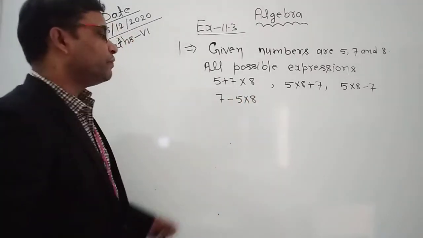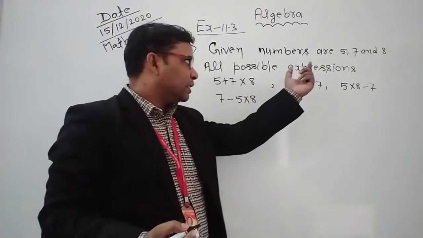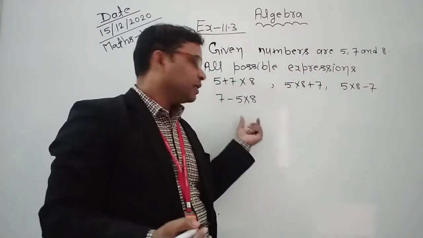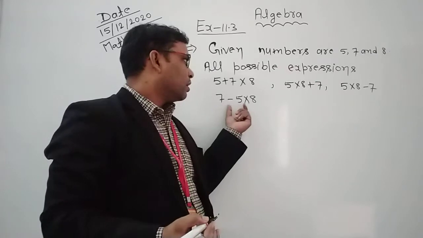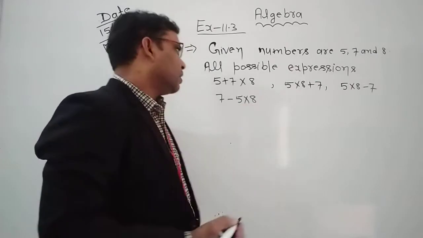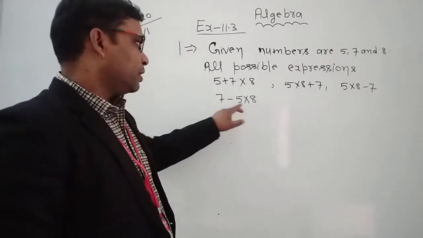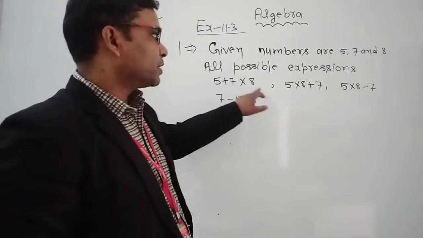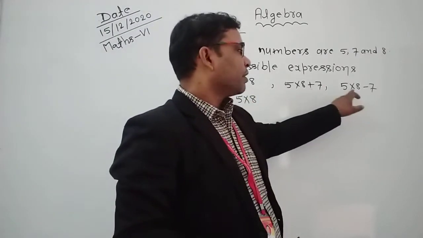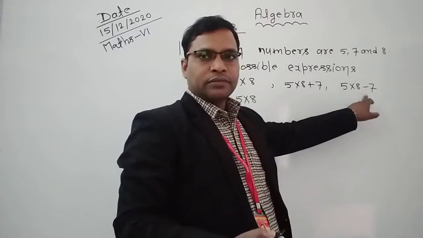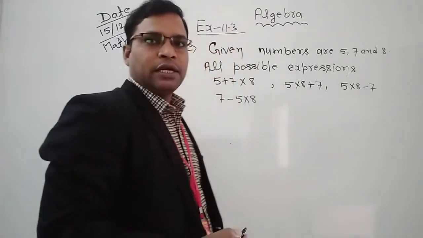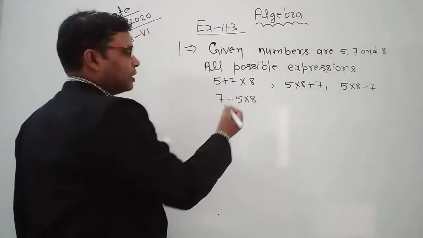Here you can see we use the three numbers 5, 7, 8 and two arithmetic operations: subtraction and multiplication, addition and multiplication, multiplication and addition, multiplication and subtraction. This is clear now.